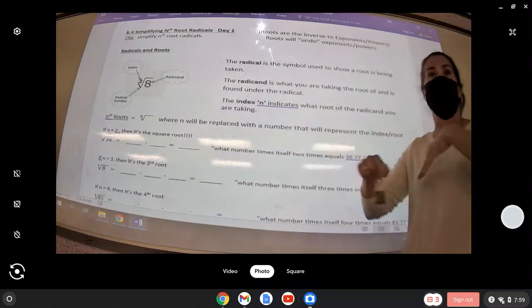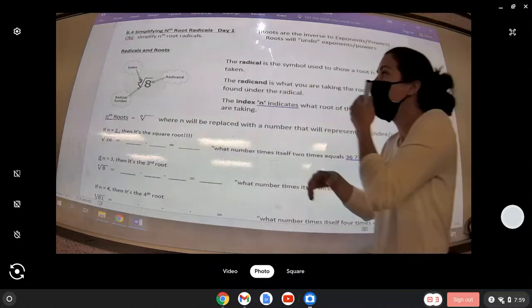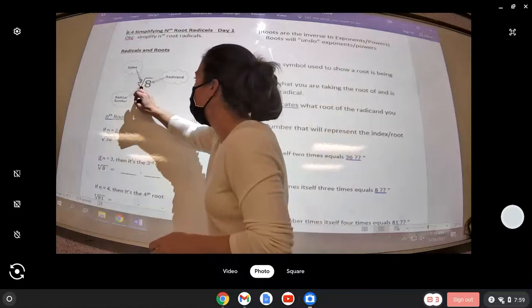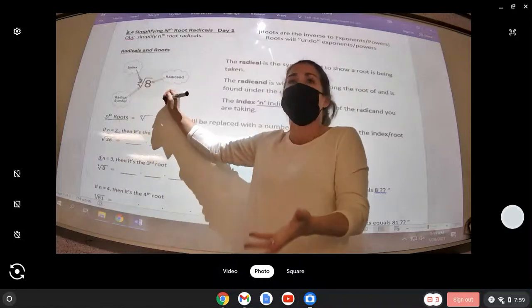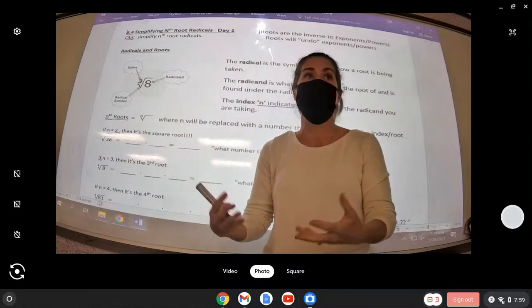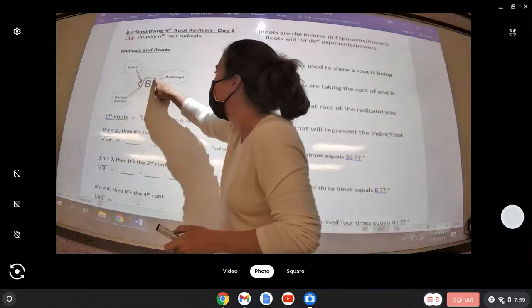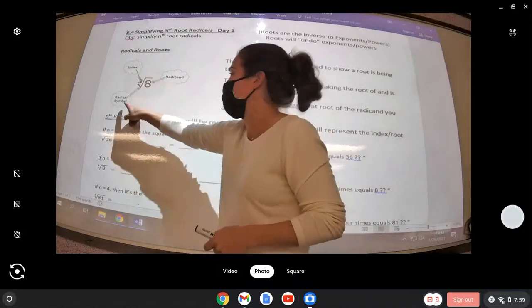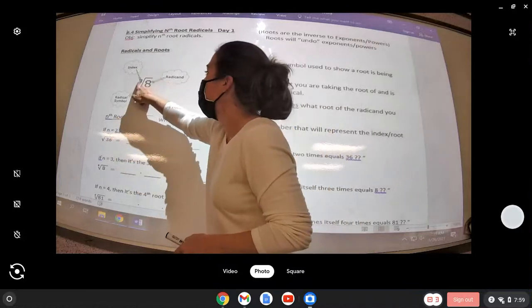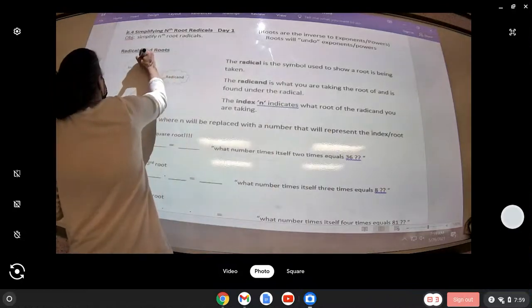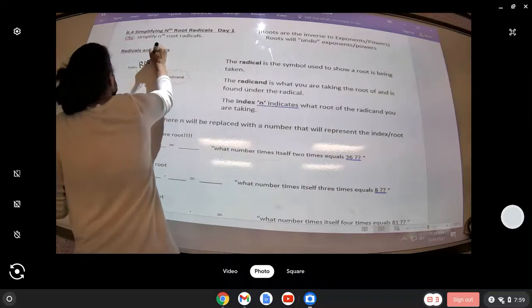So I want you to understand the vocabulary that goes along with all of this first. When you're dealing with radicals and roots, the square root symbol is not really a square root symbol. It's a radical with a root of 2. This symbol right here is called the radical symbol. This number right here is called the index, which is also known as the root.